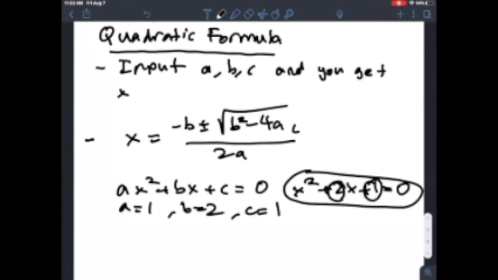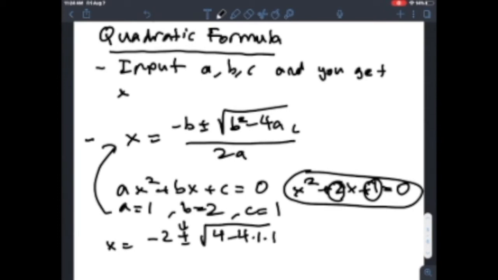So then we just put these back into the quadratic formula, and we have negative b plus or minus. Remember, this symbol is used because there are two solutions for x. You can either add or subtract here. Inside the square root we have b squared minus 4 times a times c, 1 times 1, all over 2 times a. So we have negative 2 plus or minus the square root of 4 minus 4 times 1 times 1. 4 minus 4 is just 0. So that's just 0 over 2.